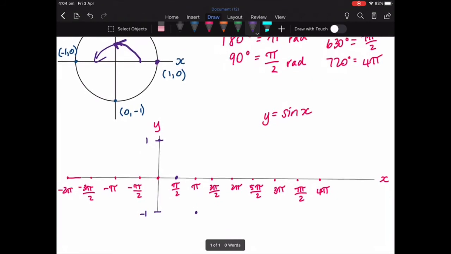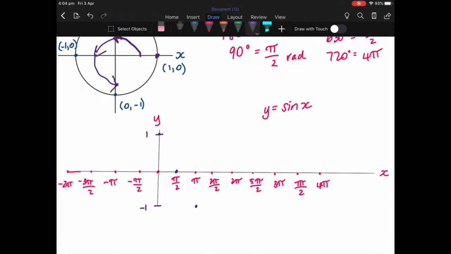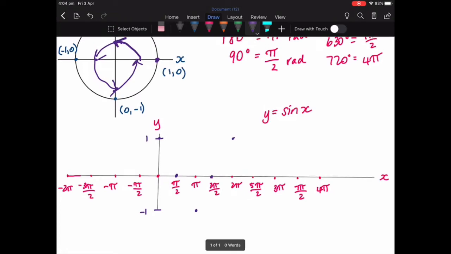Then we move around to here where we have 3 pi over 2 radians, that's how big the angle is now, and we're back down at 0. Then if we move to here, we're back to 1. So 2 pi radians, and we're back to 1.